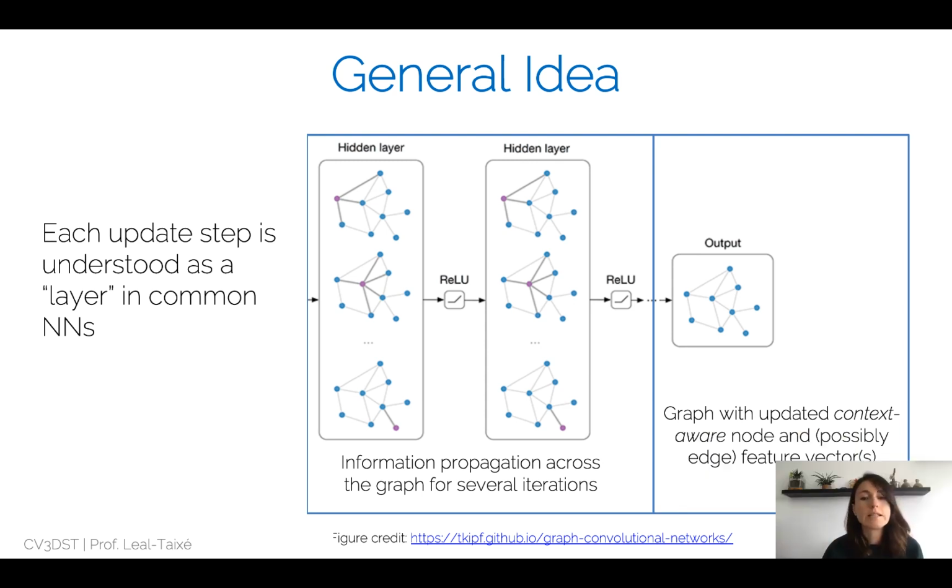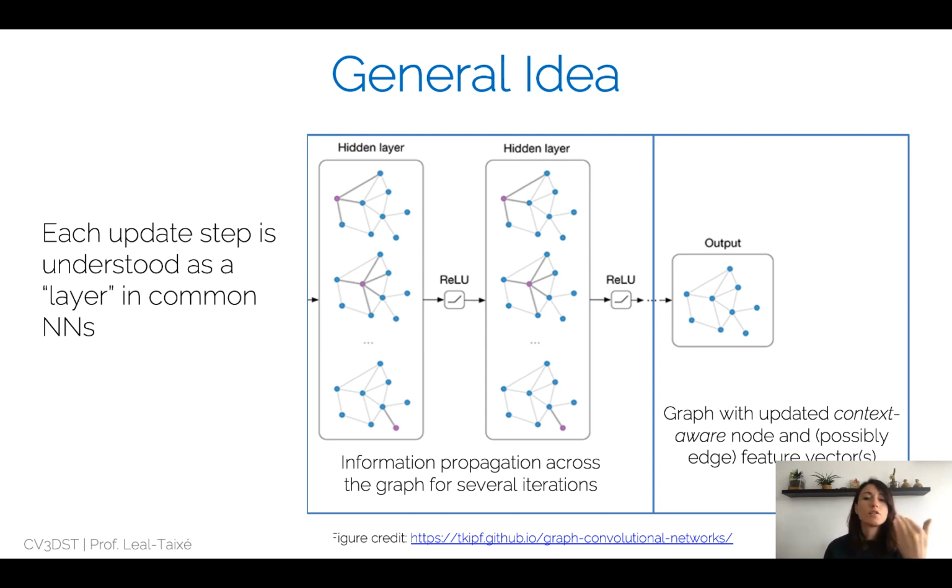And when I say that you have established a connection with a faraway node, what I mean is that you receive some type of information through these information propagation steps, and this information is always in the form of an embedding.